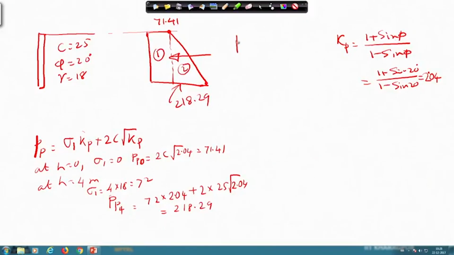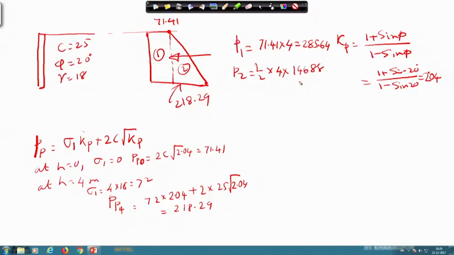So, P1 will be equal to 71.41 into 4, that is 285.64, and P2 will be equal to half multiplied by 4 multiplied by 146.88.